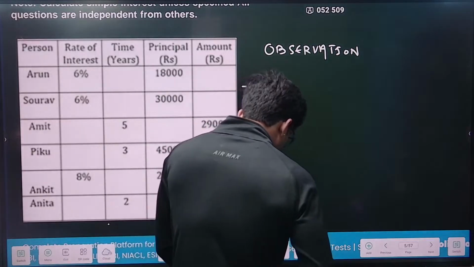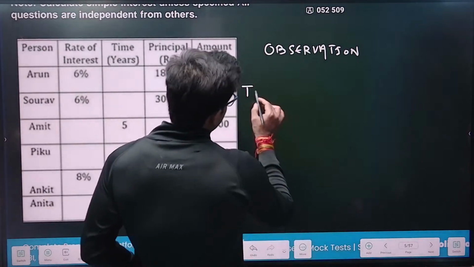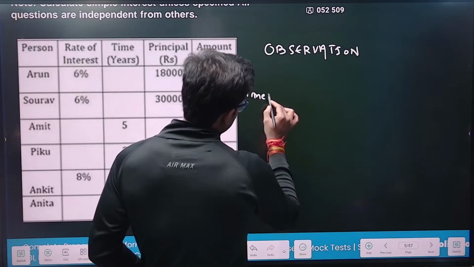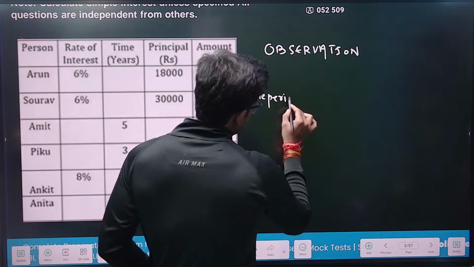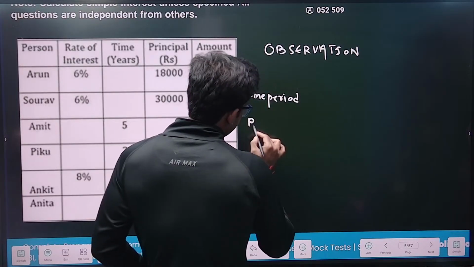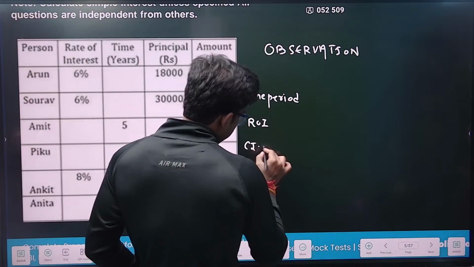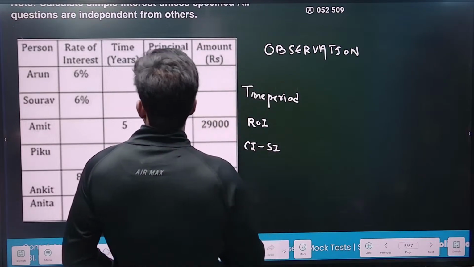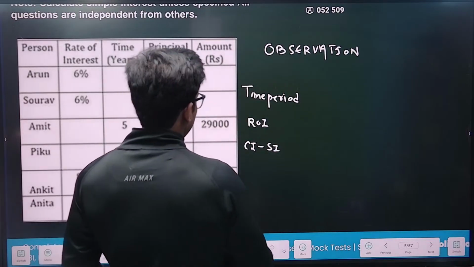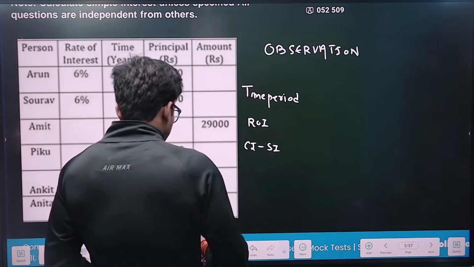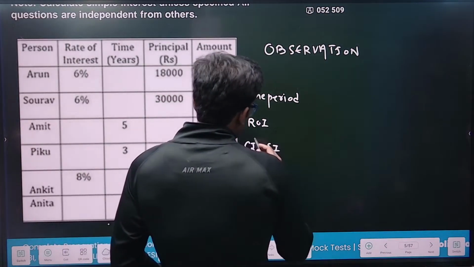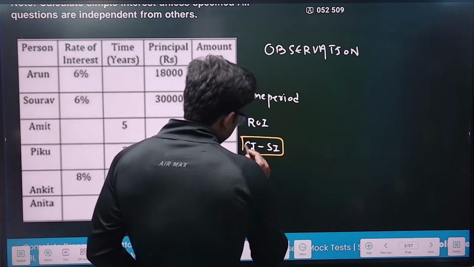They can also ask you the CI/SI difference, and principal is almost given for all of them. So max to max, this is what they can ask. They can ask these things again.